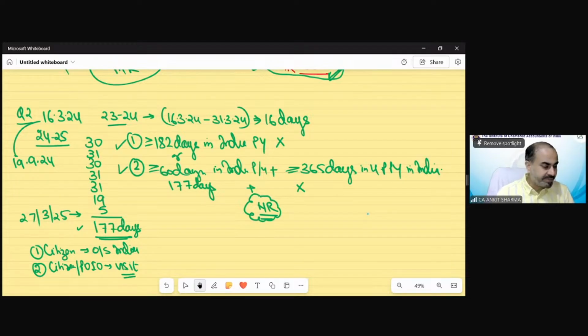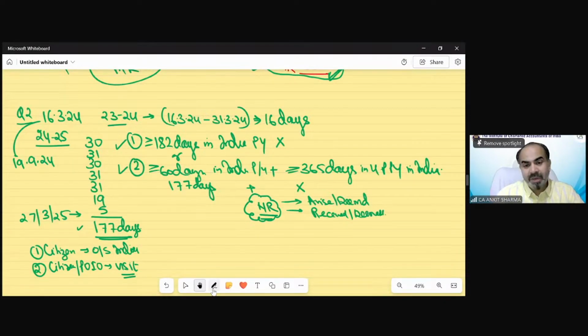I hope it's clear. And because she is a non-resident, only two incomes are going to be taxable in her hand: one which arises or is deemed to arise in India, or which is received or deemed to be received in India.